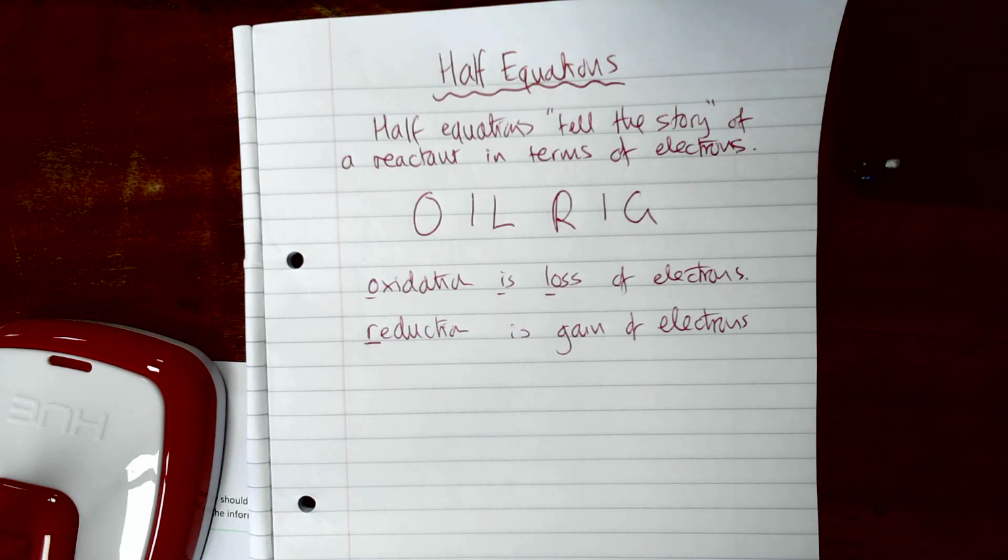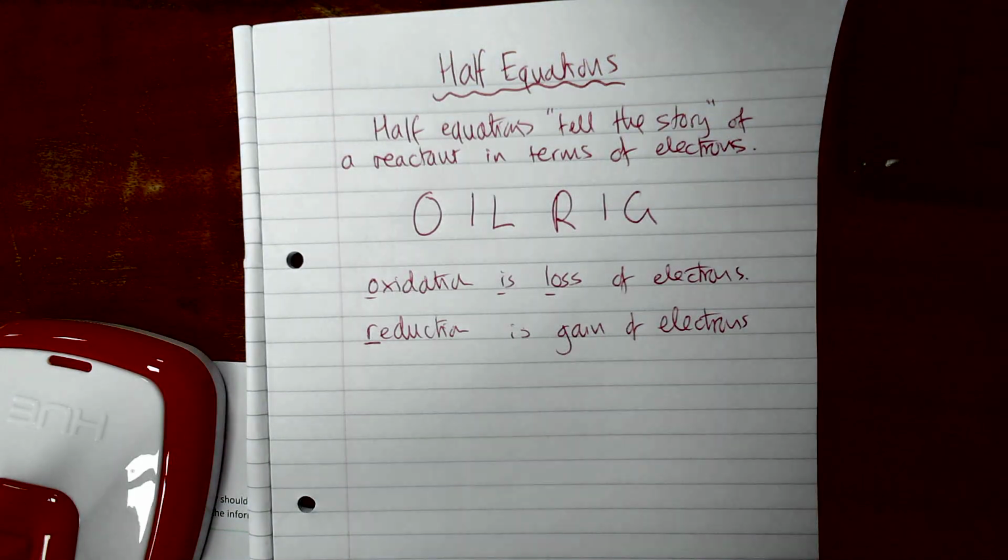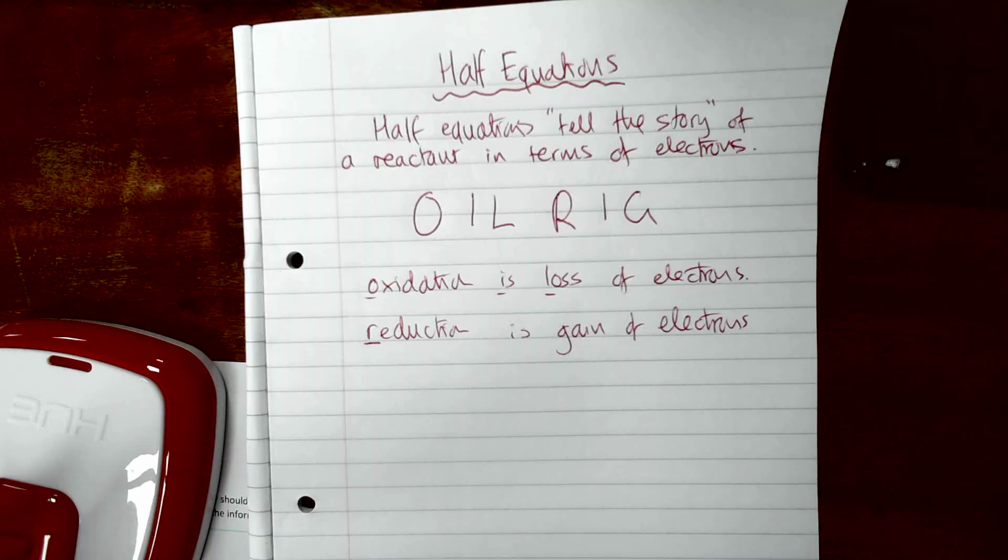So the skill we're going to be looking at today is we're going to start off by writing overall reactions. Traditional equations, things like magnesium plus hydrochloric acid makes magnesium chloride plus hydrogen. And then we're going to look to see if anything's losing or gaining electrons in those equations.